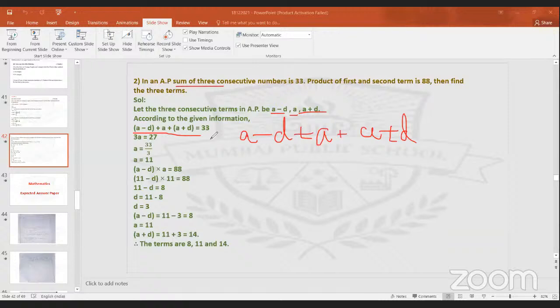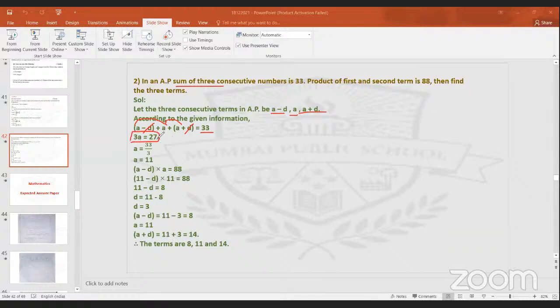Once you write that, minus d plus d gets cancelled. Understand? Now here a plus a plus a is 33.